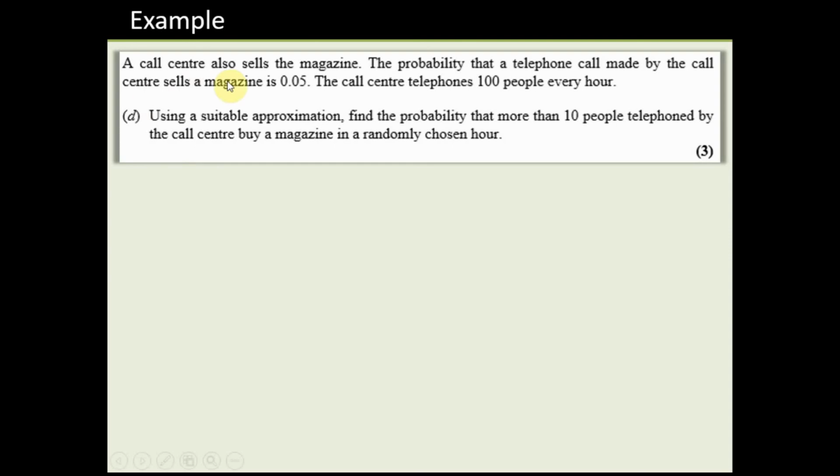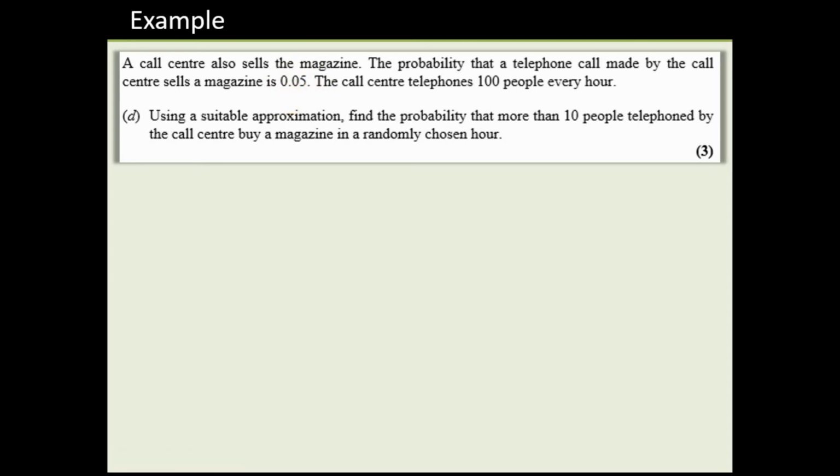Okay, so the first thing to notice is that this is a binomial situation. n is 100 if we're looking at people per hour, which is large, and p, the probability of success here, the probability that they sell a magazine, 0.05, is very, very small.